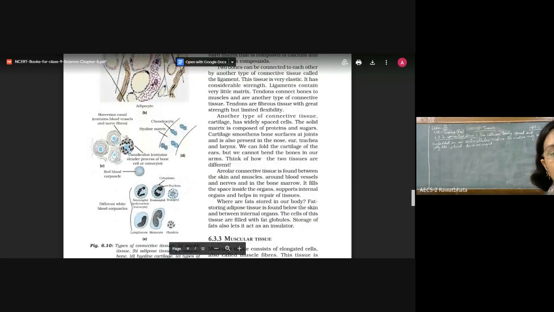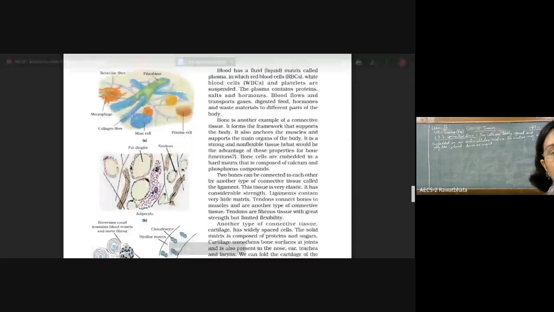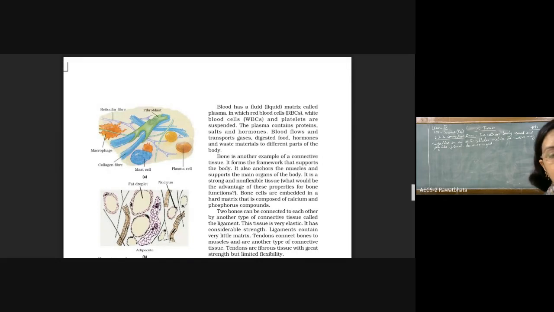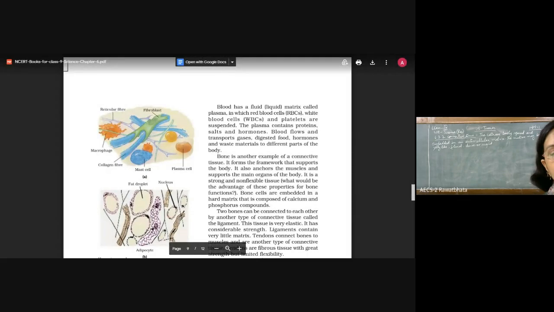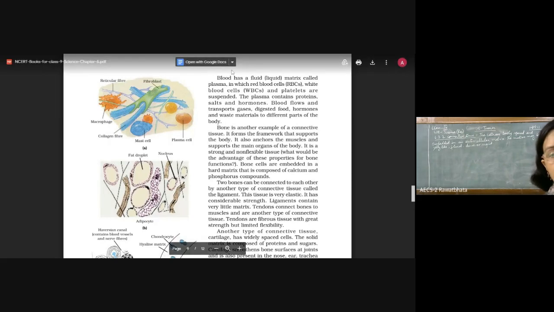Next is areolar and adipose. Areolar connective tissue is this A. Adipose is this B. So label your page as per it is given. Maybe the old one or the new one, the paragraphs are the same. The written matter has not changed, but there is a variation in the number given to the diagrams.